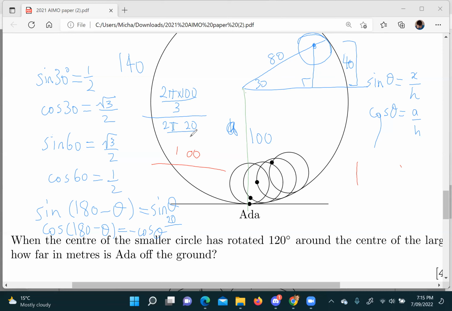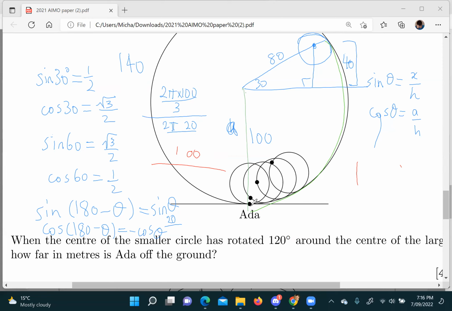Oh, that doesn't make sense. You're dividing the smaller by the bigger. It should be dividing the bigger by the smaller, because you're trying to see how many circles of the smaller circumference fit into this arc, right? I got it as a fraction, but I think I still got the same.